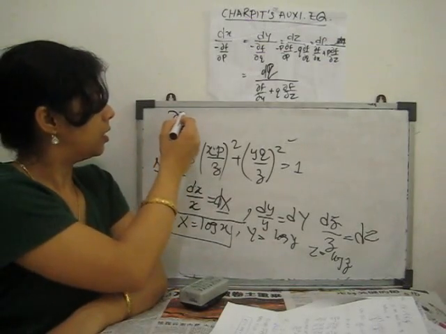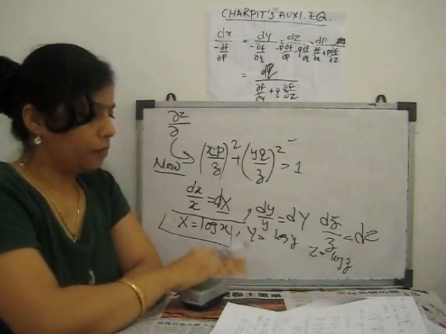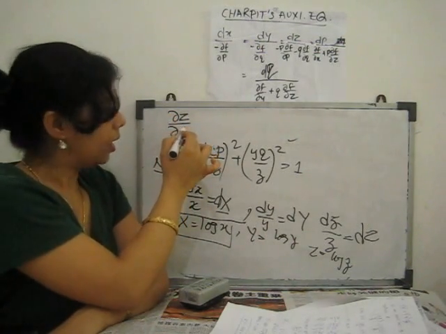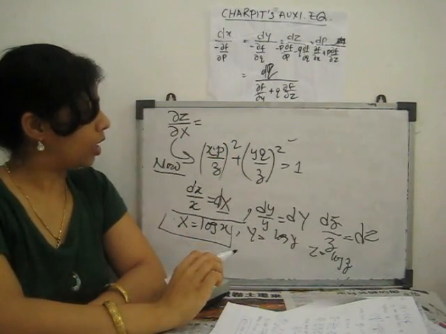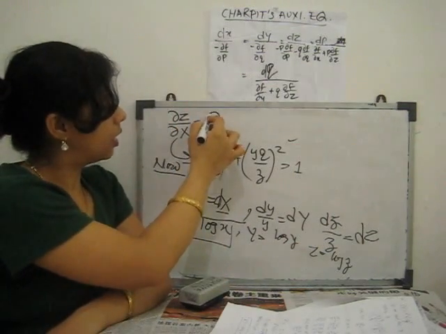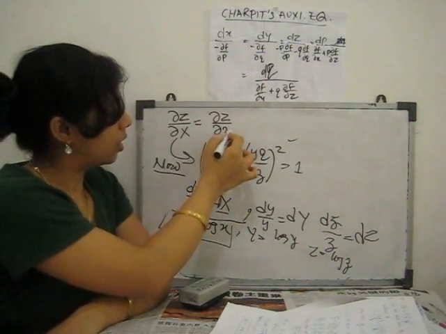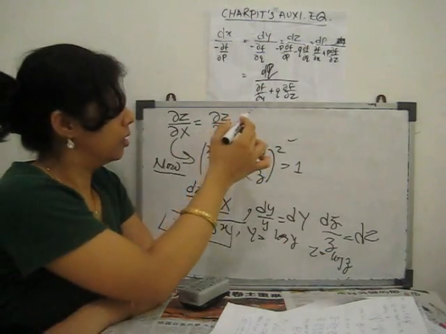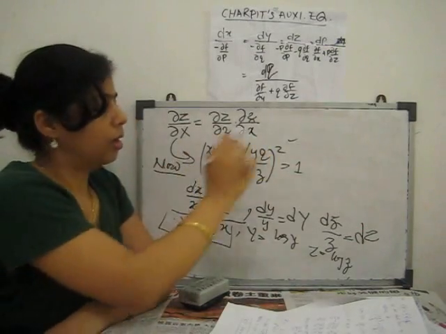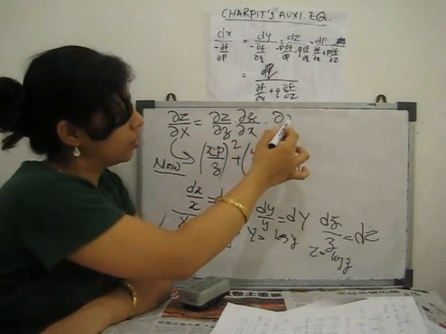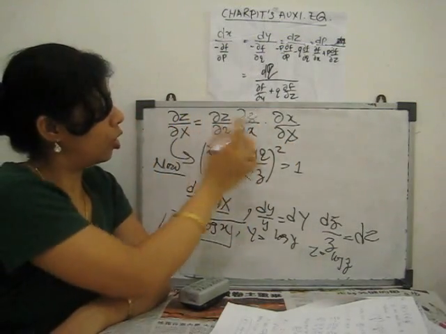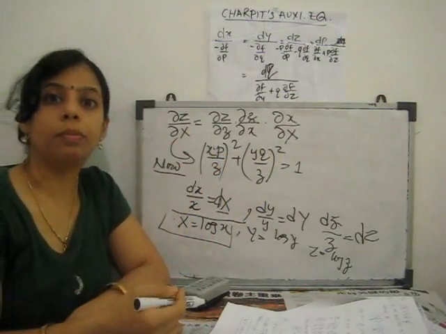Del z upon del x, where z is small z and X is capital X. If we want to find del z by del x, that is our capital P. So we can say del z by del z into del z upon del x, times del x upon del x. Clear? So see, this cancels out, only del z capital of del x will remain.